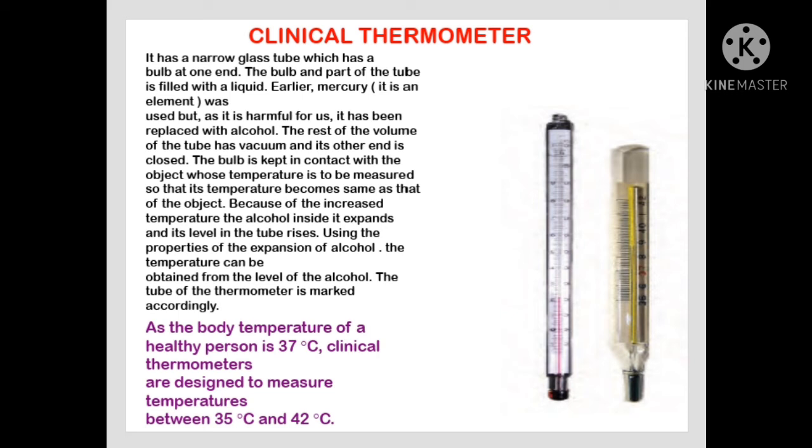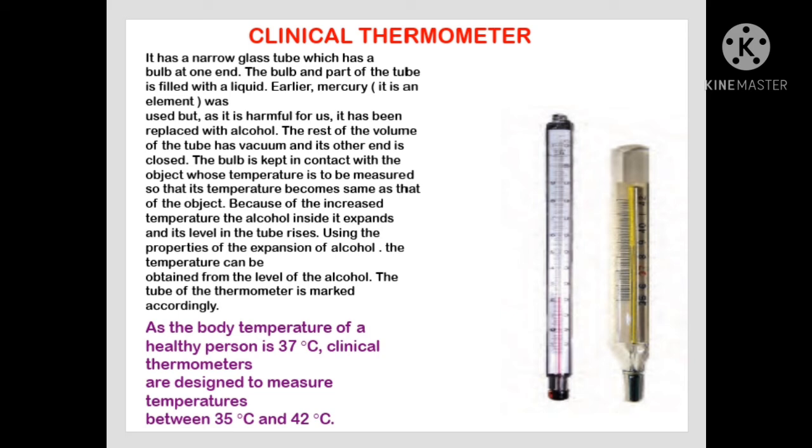So students, as clinical thermometers are used in hospitals to measure body temperature, the thermometer is designed in such a manner to measure temperature between 35 degrees Celsius and 40 degrees Celsius, because the body temperature of a healthy person is 37 degrees Celsius.